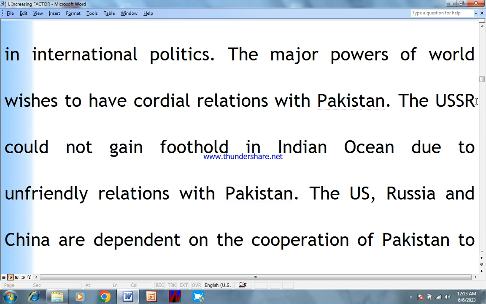The major powers of the world wish to have cordial relations with Pakistan. The USSR, or the Union of Soviet Socialist Republics, since disbanded, could not gain a foothold in the Indian Ocean due to unfriendly relations with Pakistan.